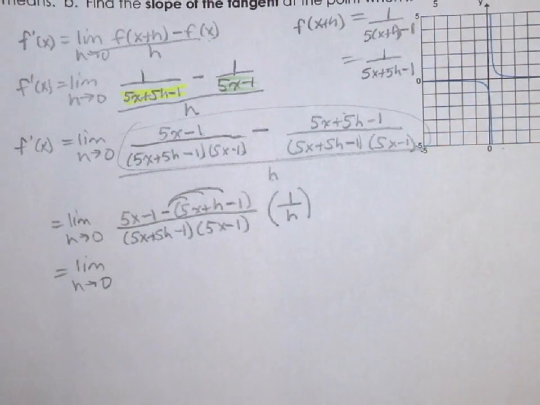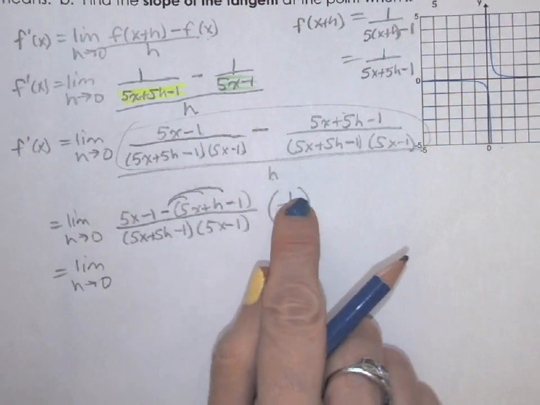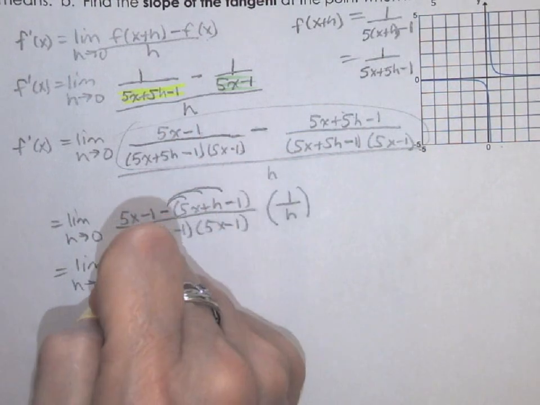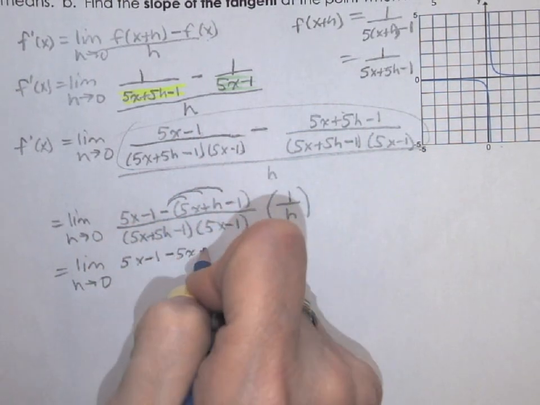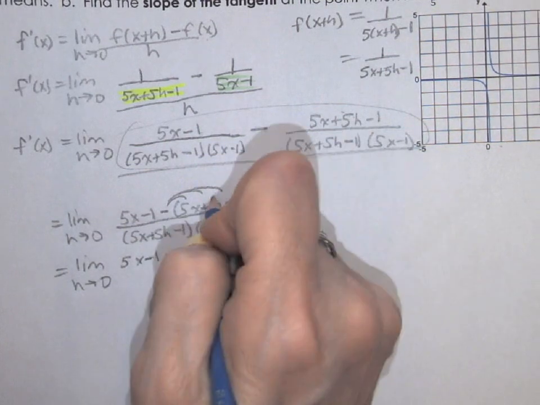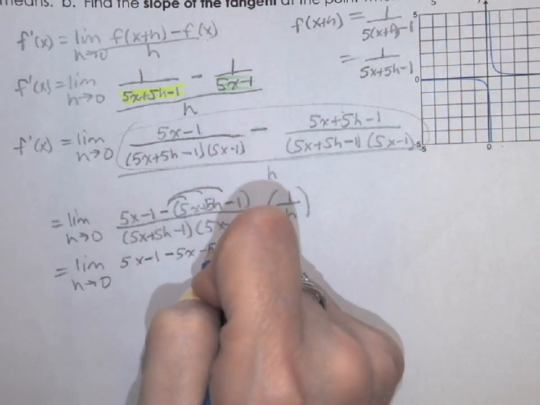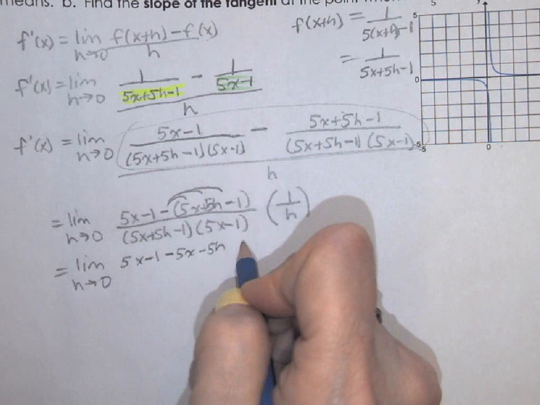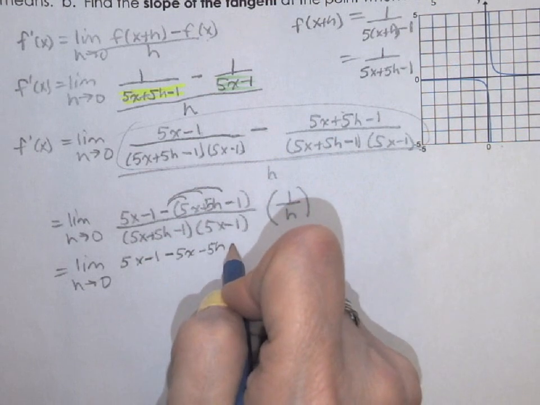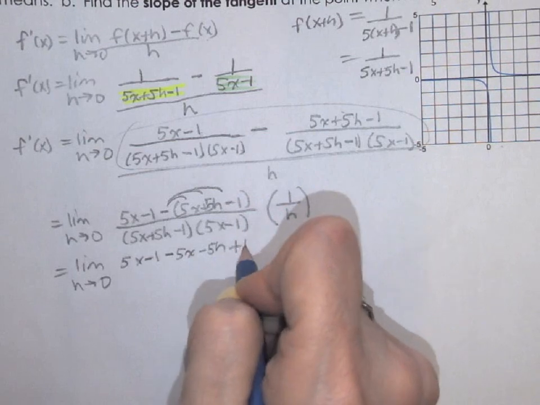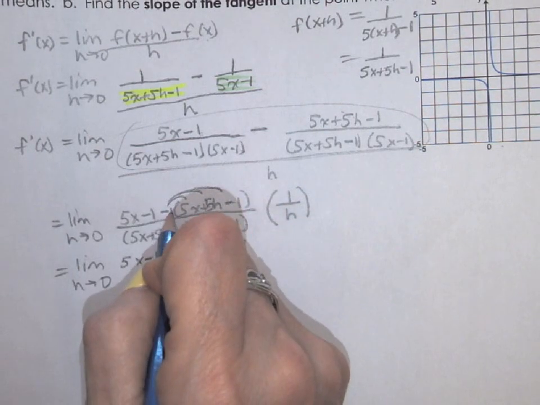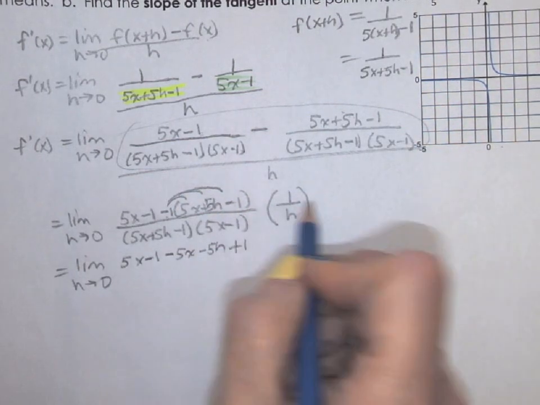So if we look at the numerator here, multiplying by 1 doesn't change anything. I'm going to multiply that negative through the bracket. I dropped a 5 here, so make sure you saw that 5 there that I dropped. So that's minus 5x minus 5h, and it should be plus 1, because negative 1 times negative 1 is positive 1.